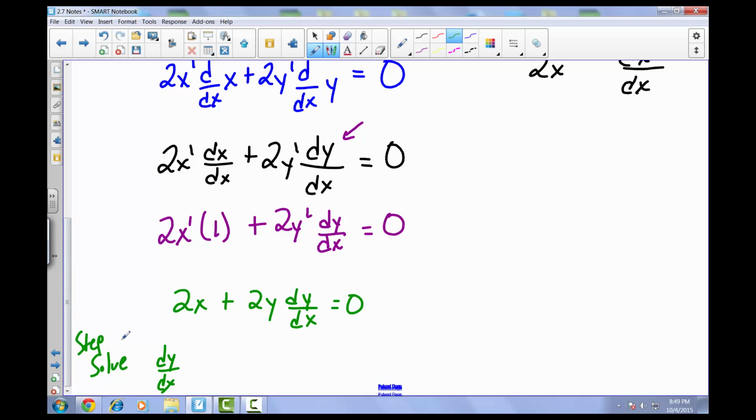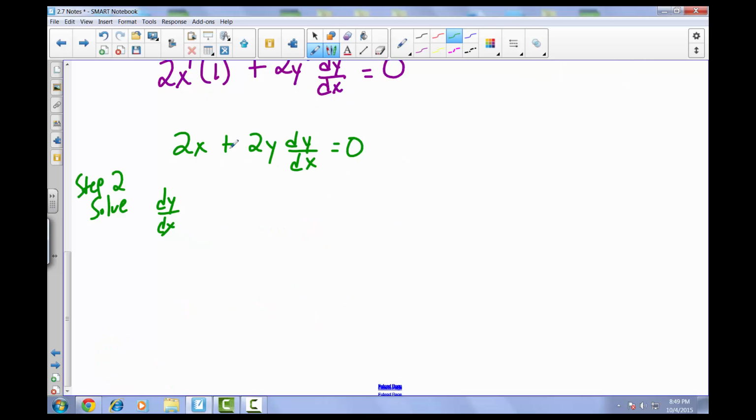We've taken the derivative with respect to x on both sides. Now we're in step 2 where we want to solve for dy dx. How we would do that is we would first isolate our dy dx by subtracting 2x from both sides. When we do that, we end up with 2y dy dx is equal to negative 2x, then dividing both sides by 2y.